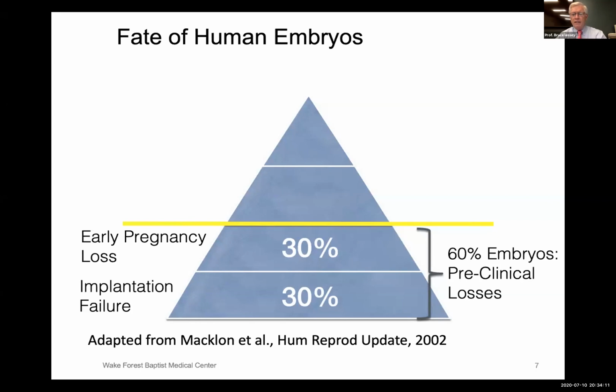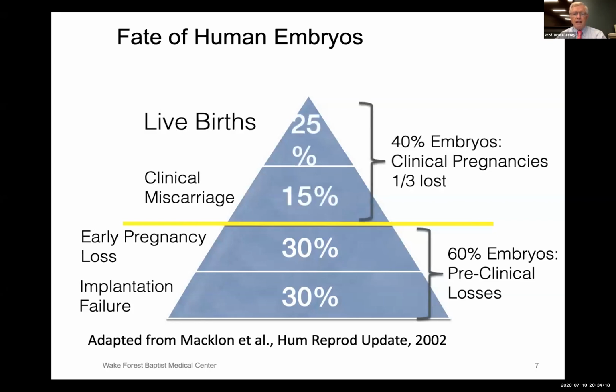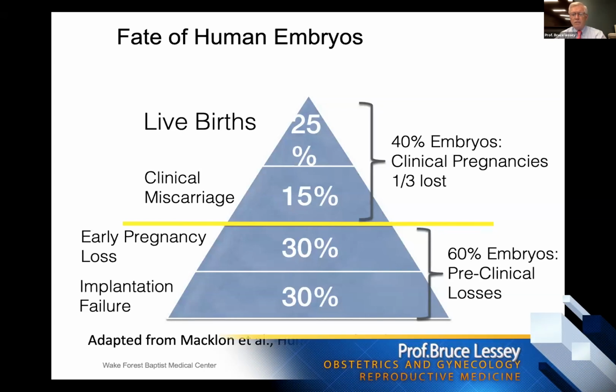And many embryos simply fail to attach, and others are lost before they're clinically apparent. Once pregnancy is established, we also have a clinical pregnancy loss that probably relates to genetic factors and cannot be avoided. And so for all of these implantations, only a minority result in successful pregnancy.